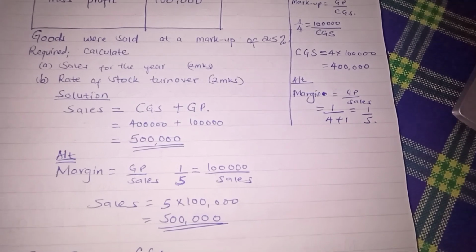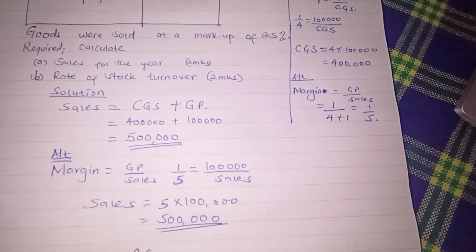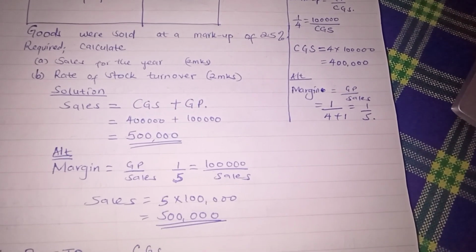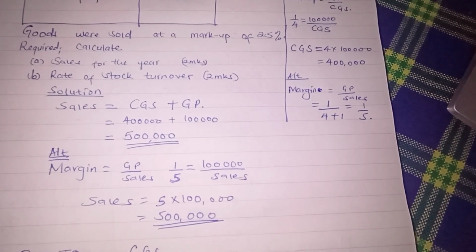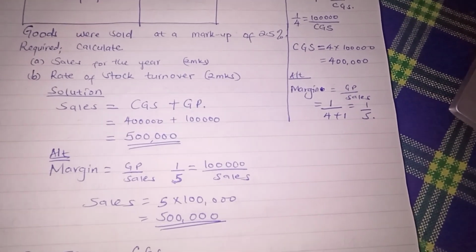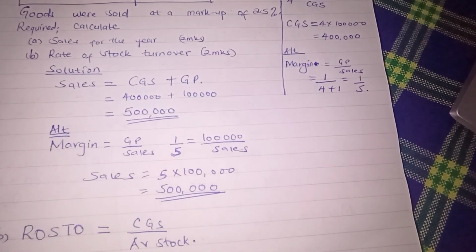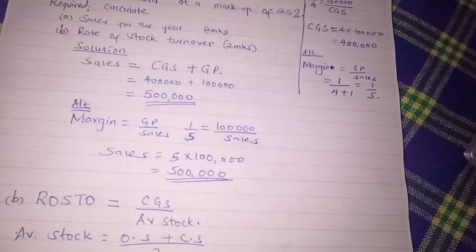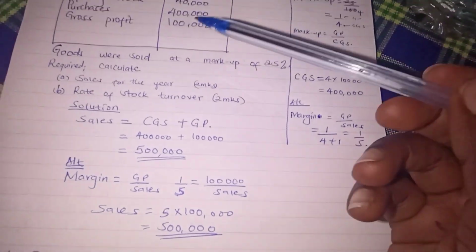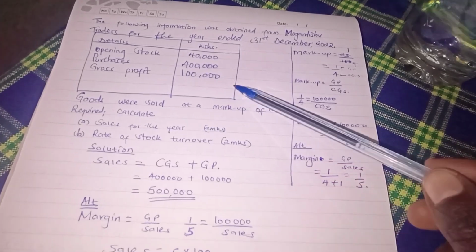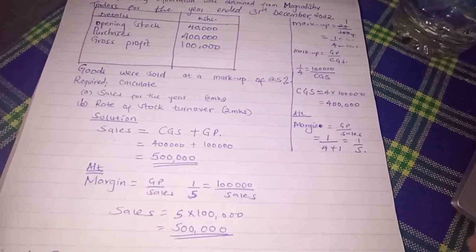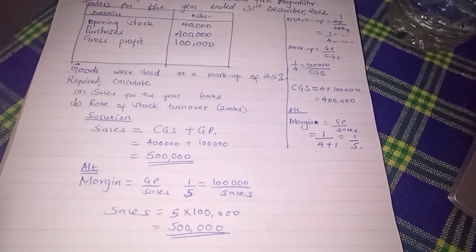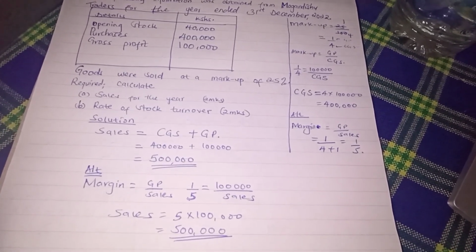And we said that average stock is given by opening stock plus the closing stock, and everything is divided by 2. Now from the question, we are given the opening stock as 40,000, but we do not have the closing stock. Therefore, how are we supposed to arrive at the closing stock?